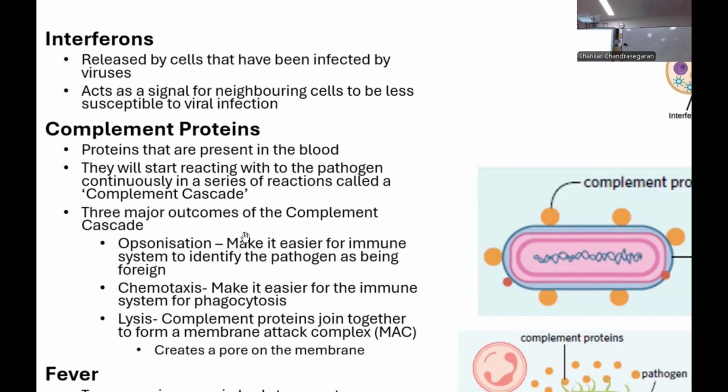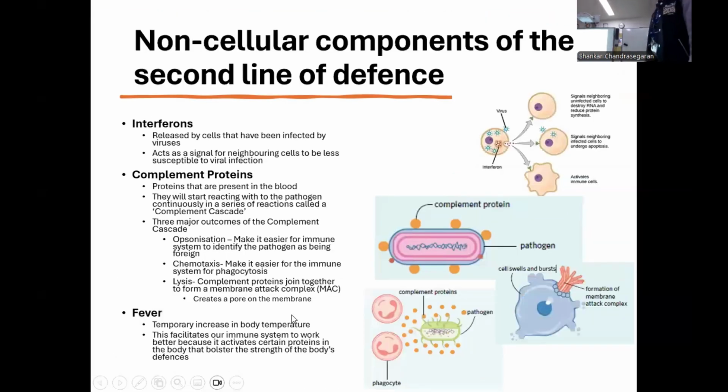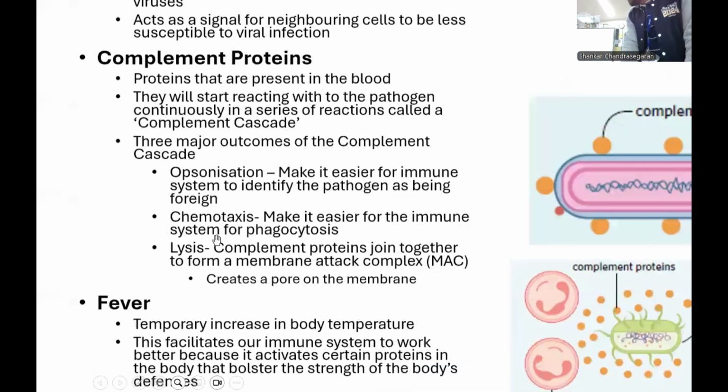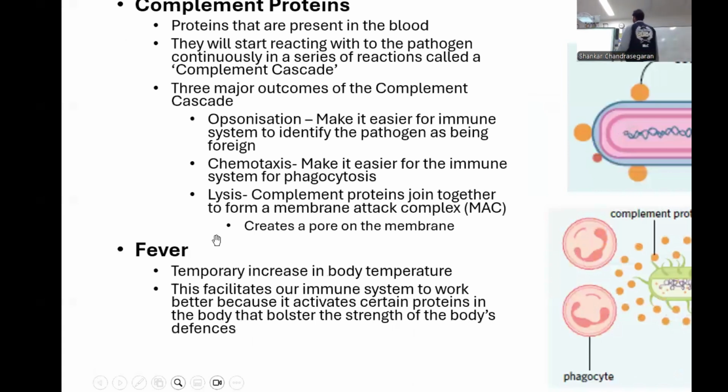Without the complement system, your body is heavily defenseless against pathogens, right? So if you want to get an understanding of what each of these are, just give me a sec. We'll get into that.